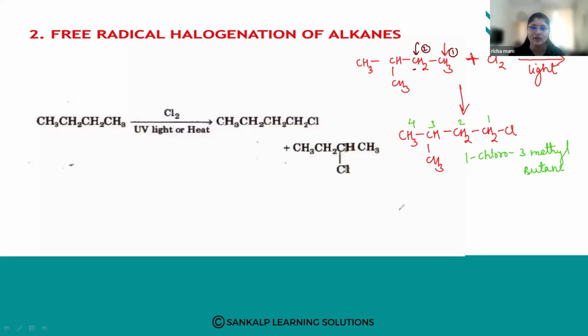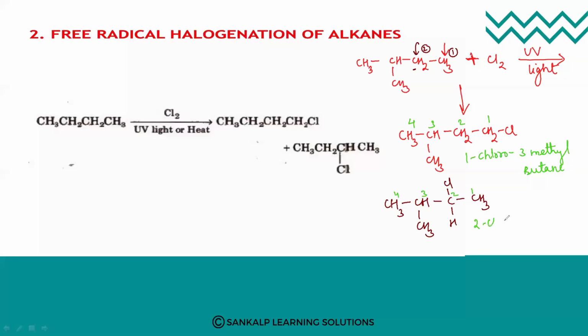This will be CH3, CH, then C with Cl and H, and CH3. If I number this 1, 2, 3, 4, what will be the name? 2-chloro-3-methylbutane.